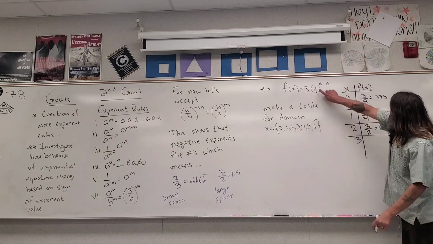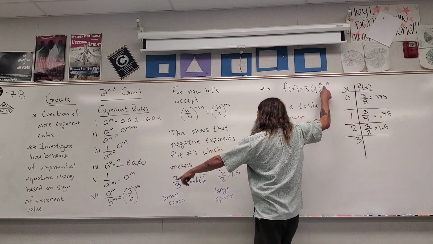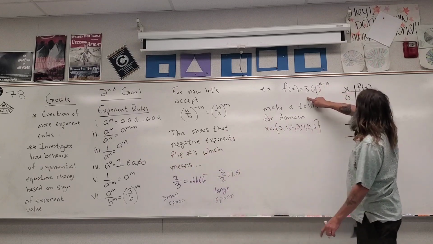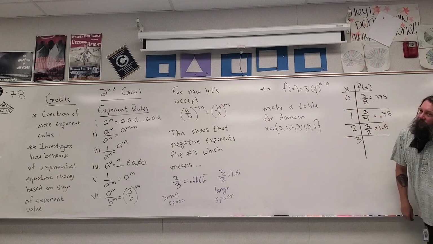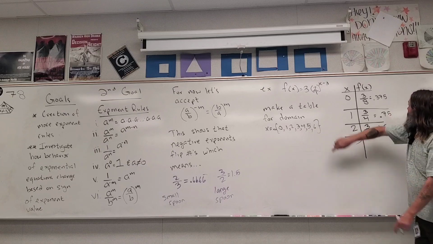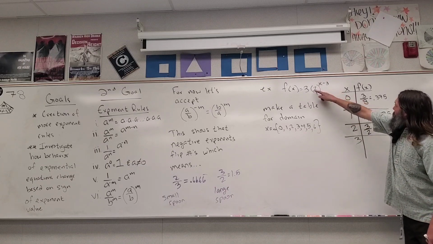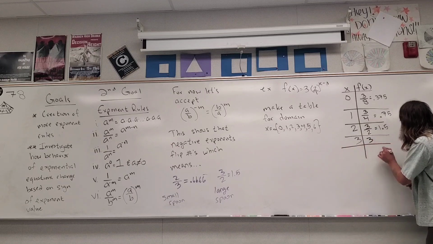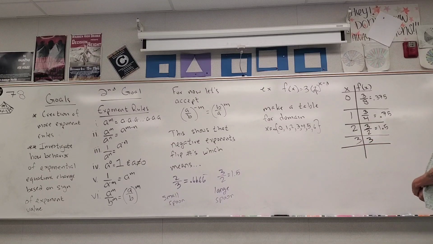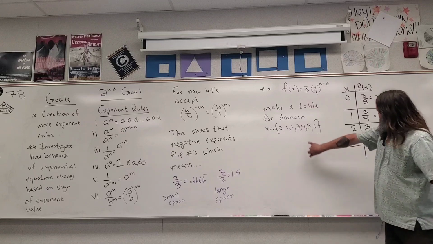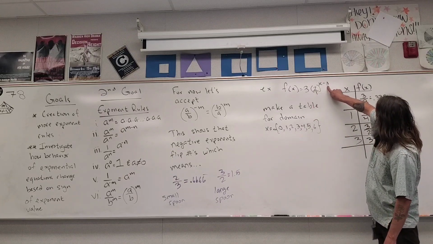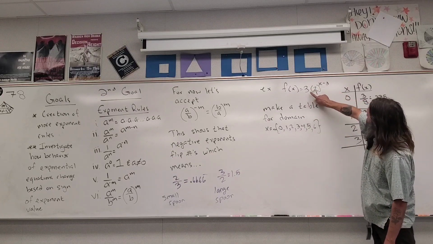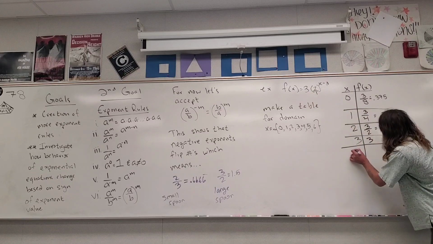Okay, and then if I plug in a 3, I get an exponent of 0. So this becomes 3 times 2 to the power 0, which becomes 3 times 1, which gives me 3. Okay. Now, if I plug in a 4, this becomes 4 minus 3. This becomes 1, so this becomes 3 times 2, which gets me to 6.